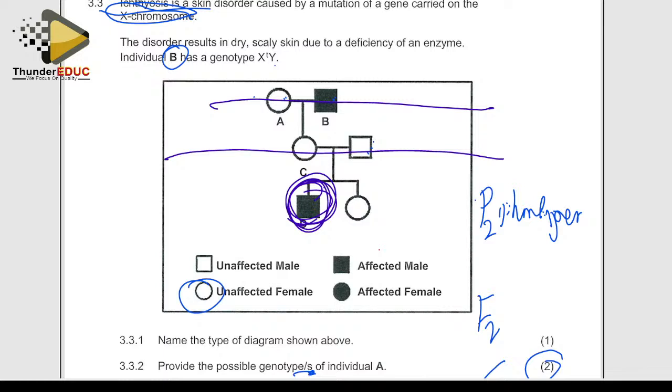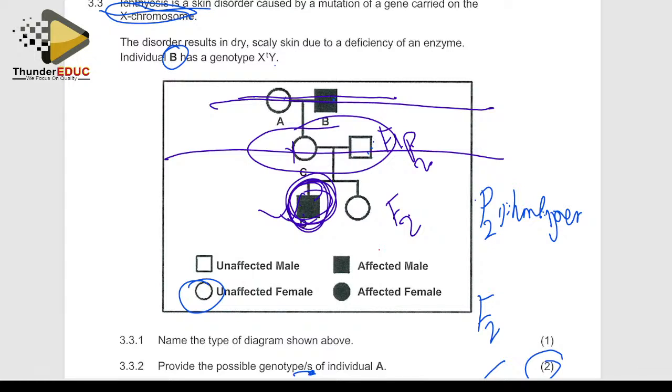Because this is P1, F1, the first filial generation. If you use this individual, they become parent number 2, and the offspring of the first generation become parent number 2 for offspring number 2. That's why we say P2, F2, because they are looking for D, not C. If it was C, then it would have been correct. But they are saying individual D. I think I'm clear there.